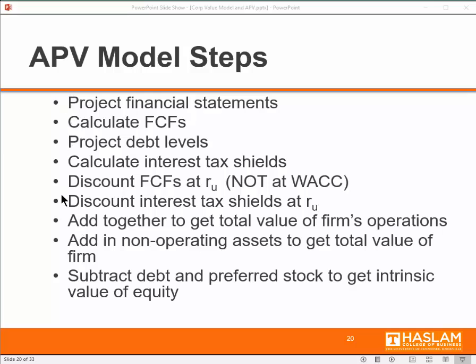So we have more steps to get to this line item because we've got free cash flows and tax shields discounted separately. Then we just do the same thing we'd have done with the corporate valuation model, which is to add in non-operating assets, subtract off debt and preferred stock, and that will give us the intrinsic value of equity.